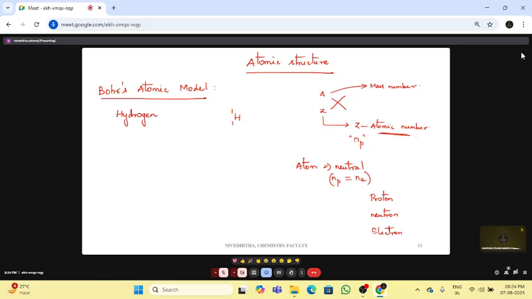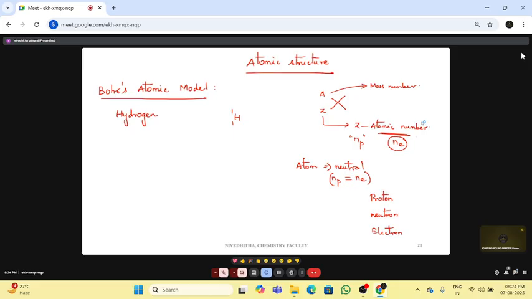So from atomic number, we know the value of proton count, and we know atoms are neutral. So proton count will be equal to electron count also. So from the atomic number, we can predict the number of electrons. Atomic number is nothing but the proton count, and from the value of proton, we are guessing the number of electrons.